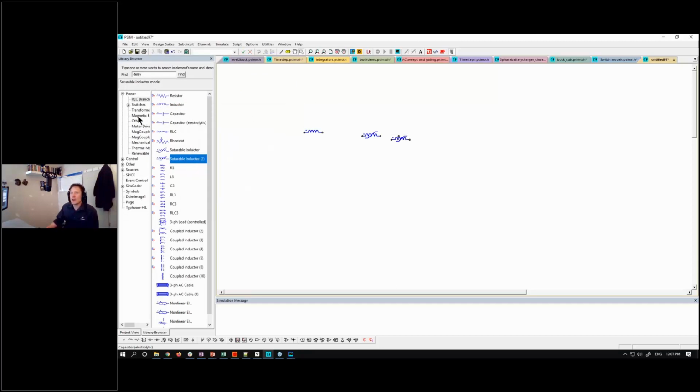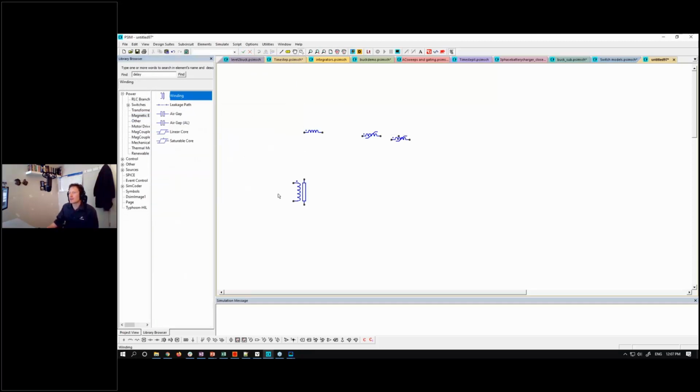And then if you really want to get into things, you're looking at building up a magnetics model with a saturated core. And now we can do an air gap in here too. So here we now have a realistic inductor with an air gap. And if we were going to do an air core, we would do something like this.